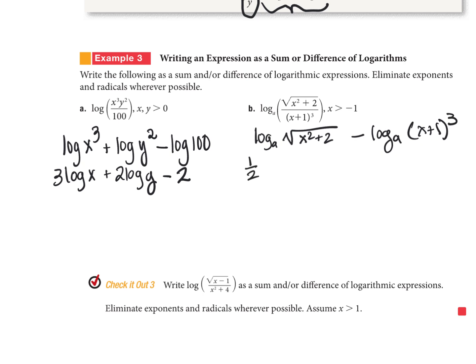This is 1/2 log base a of x squared plus 2. There is nothing I can do with the sum inside. I can't make it into a multiplication or anything else. A sum has to stay a sum inside the function of a log. I can bring the 3 down here though, and that is our most simple form.